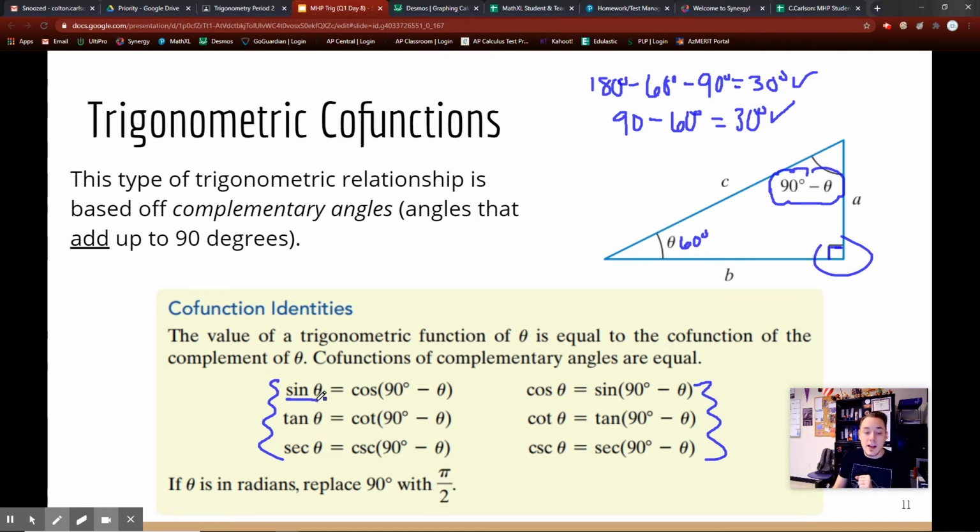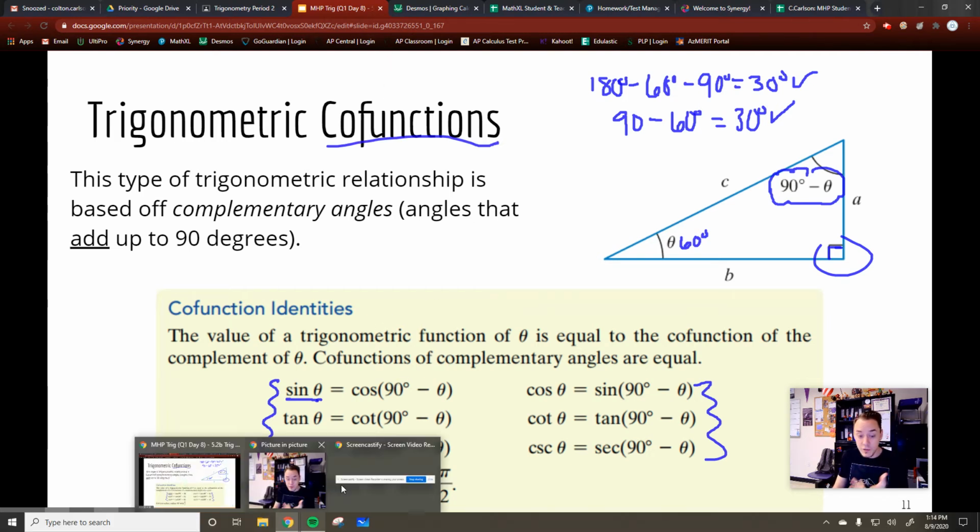Now notice, remember, everyone needs a co-captain, but here, sine, you would be thinking the co-captain of it is cosecant, but this is actually cosine because there's a difference between a co-captain and a co-function.